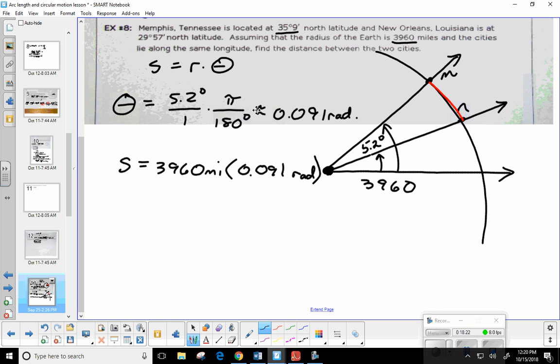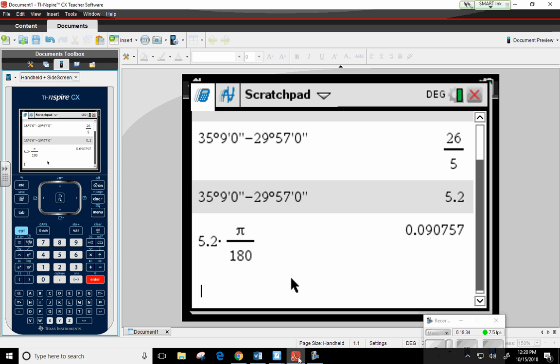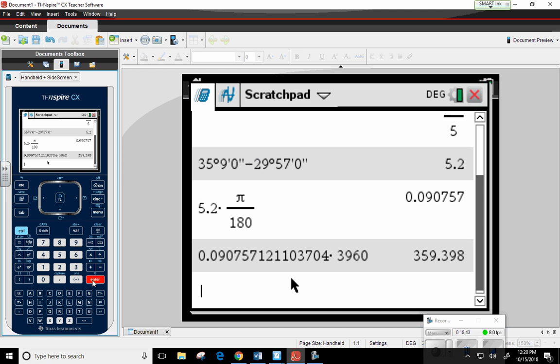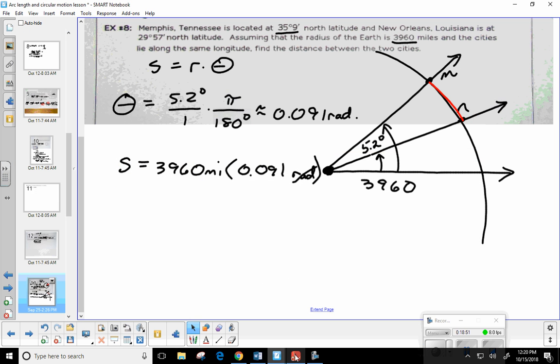But remember, once you introduce a unit of length, the radians kind of disappear. Now, I rounded it so I could write my work on my board, but I'm going to use the value in the calculator times 3960. Okay. So I'd say they're about 359.4 miles from each other.